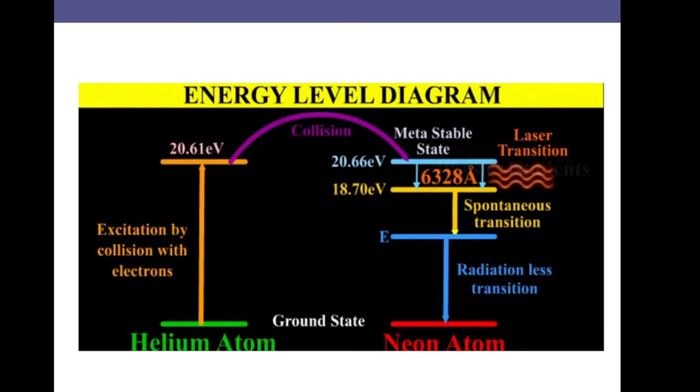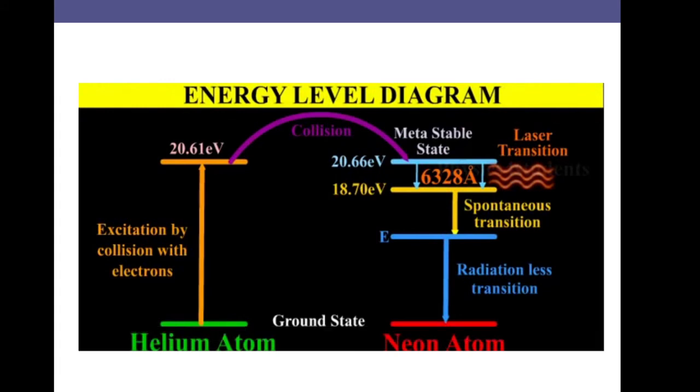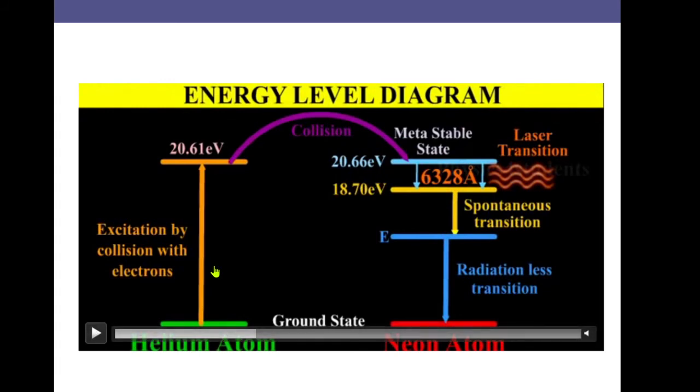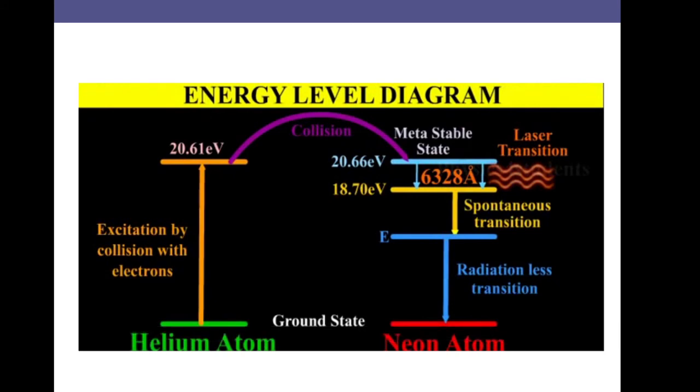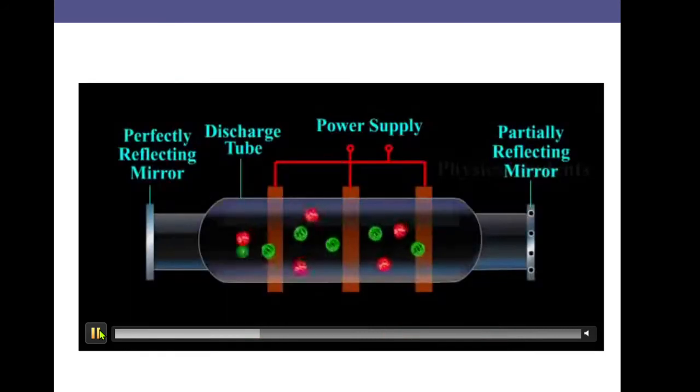This causes the excitation of neon atoms to the levels shown over here. At the same time, the colliding helium atom gets de-excited to the ground level. So the process of energy transfer is highly probable, since the helium atom's higher energy state has a longer lifetime, so the possibility of energy transfer will be very high.